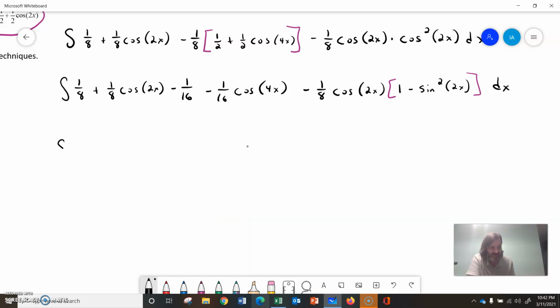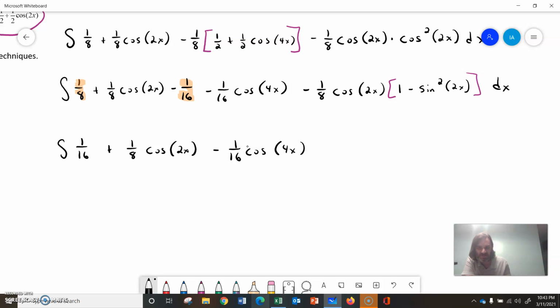So let's see here. I can combine the 1/8 and the 1/16, although it's not all that important. So that'll be an integral of 1/16 plus 1/8 cosine of 2x minus 1/16 cosine of 4x. So that's 2 different angles. It's not even in the angle we started with in the problem.